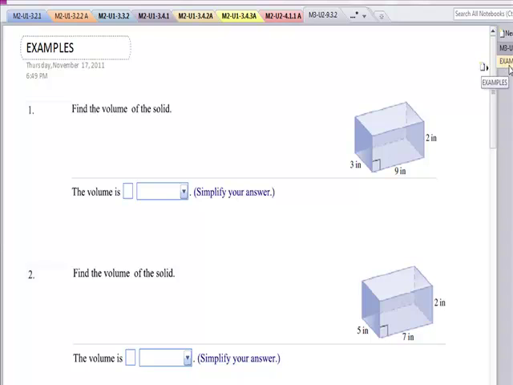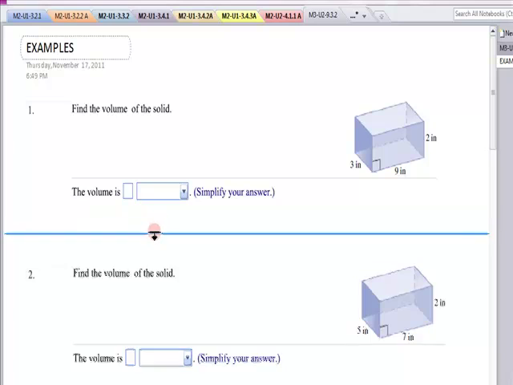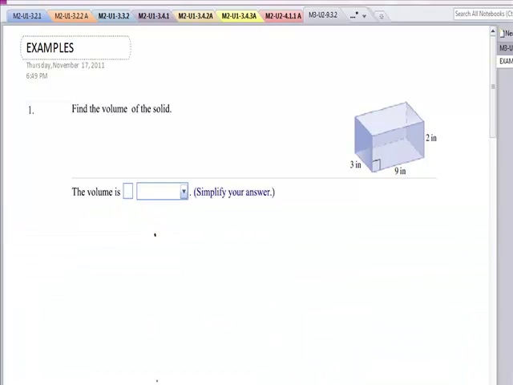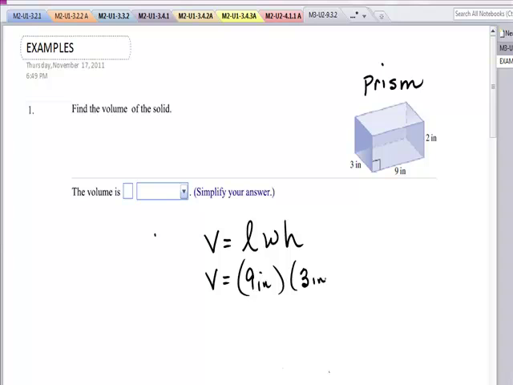All right, let's look at number 1. What is this? This is a prism, and the volume for a prism is length times width times height. So please write the formula down. The length, it doesn't matter which unit you count as what. I would think of that as 9 inches. The width is 3 inches, and the height is 2 inches, but you do not have to have those in a particular order.